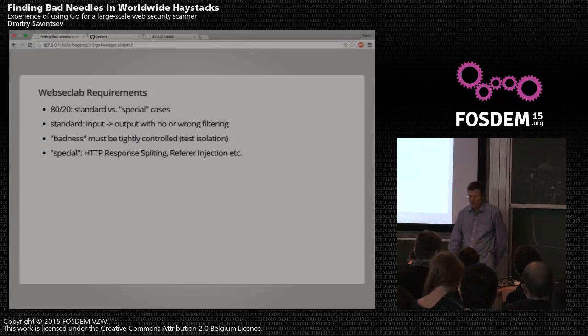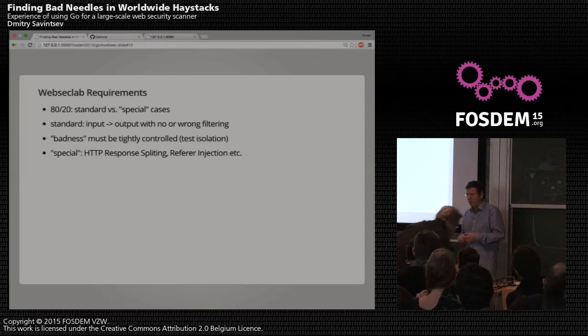So the requirements are: many cases are standard ones. You get an input, the input is not filtered or filtered incorrectly, and it goes into output. But the badness, the output, has to be tightly controlled.